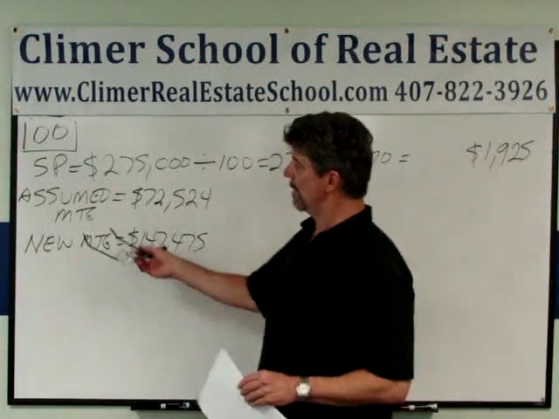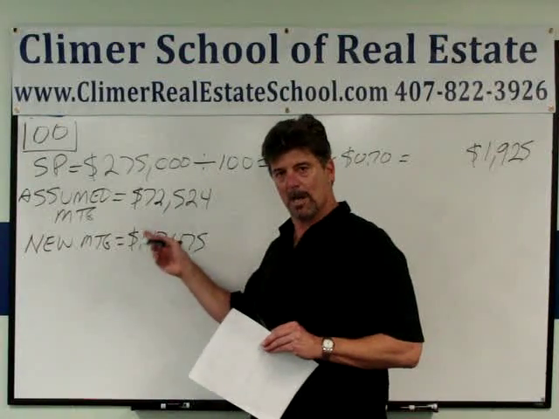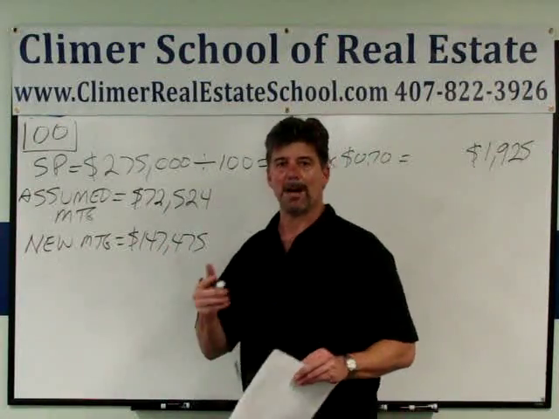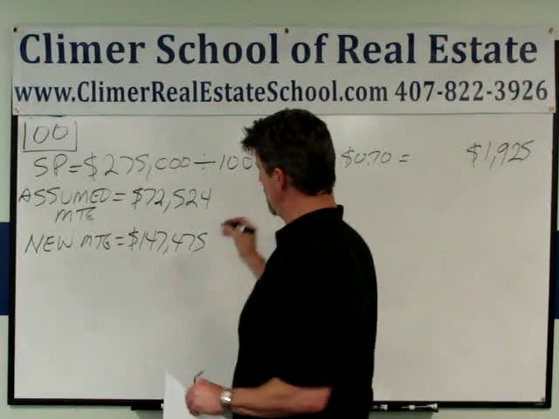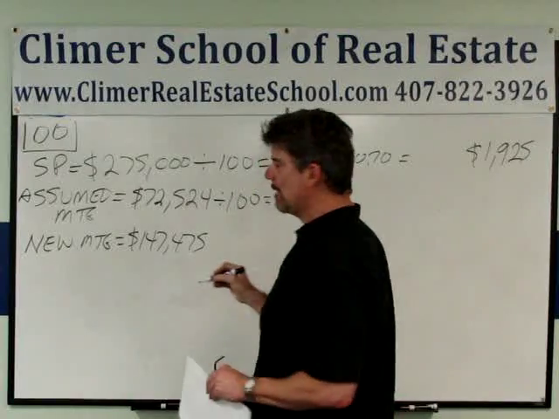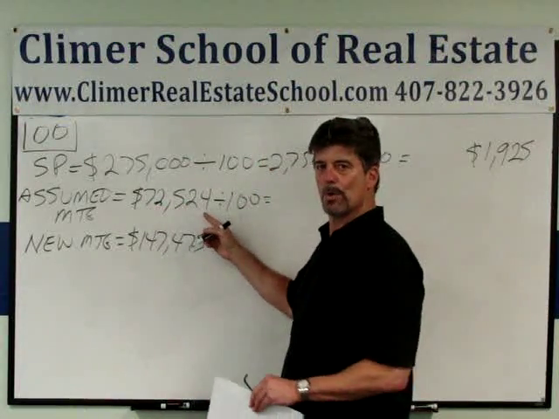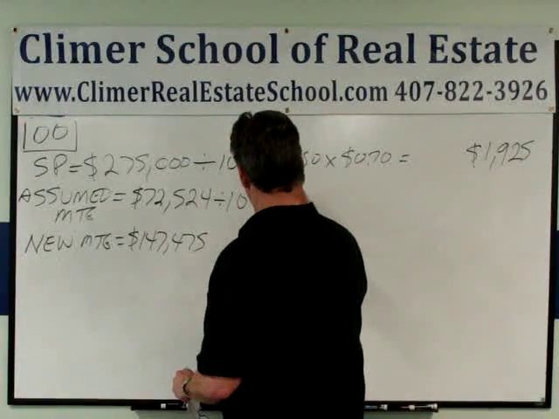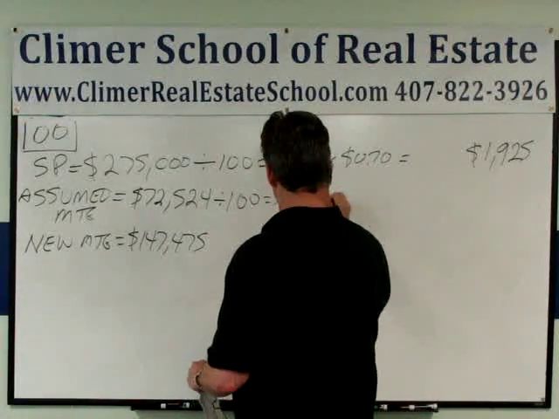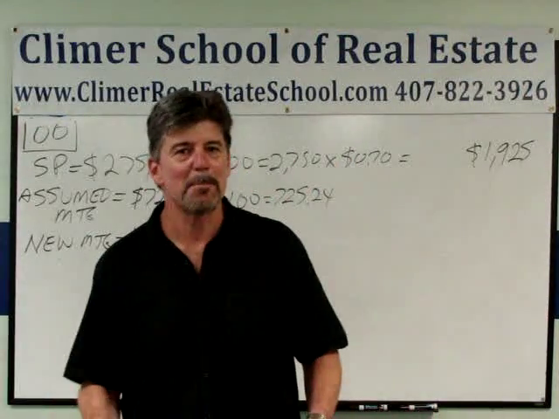Next, there's an assumed mortgage. There's going to be doc stamps on that. Once again, we have to divide by 100 because we're actually buying doc stamps. If we divide that by 100, we get 725.24. But if you remember from class, you can't buy a part of the stamp.